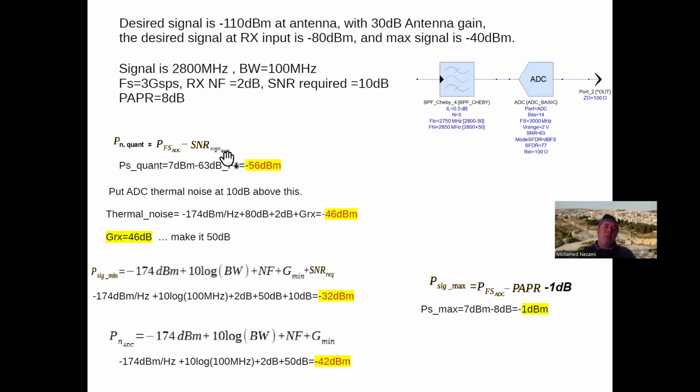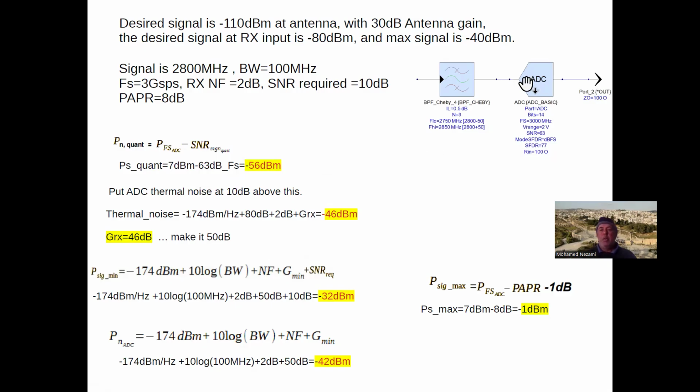So quickly, if we run through some of these equations that we have covered in the previous sessions, the first thing I want to do is find where the quantization noise floor of the ADC is, given that it has these specifications. Well, first of all, what I do is calculate what 2 volts is, convert that to RMS and then to dBm, and that turns out to be plus 7 dBm.